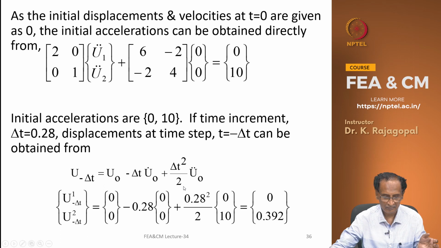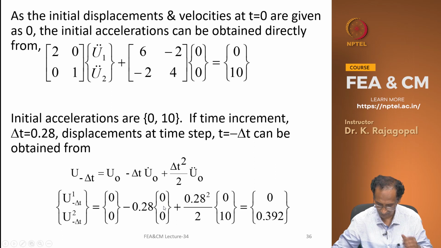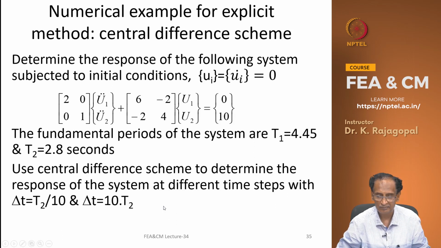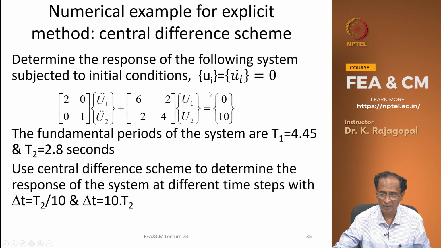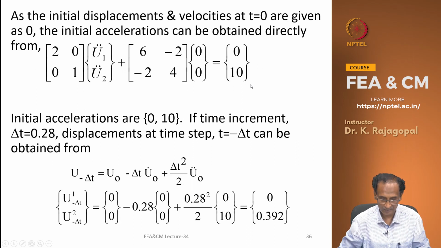The u1 and u2 at time step minus 0.28 are 0 and 0.392, and our initial velocity and acceleration are 0 and 0. Sorry, I think the initial displacement and velocities are given as 0.